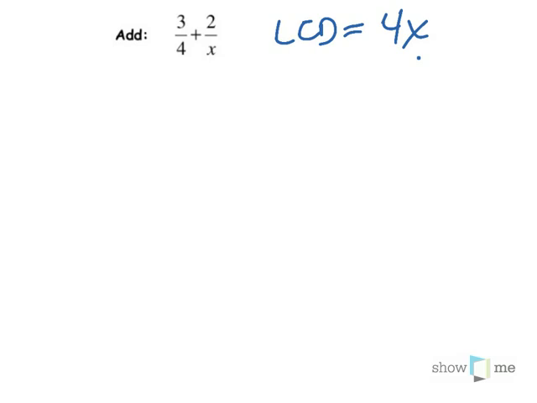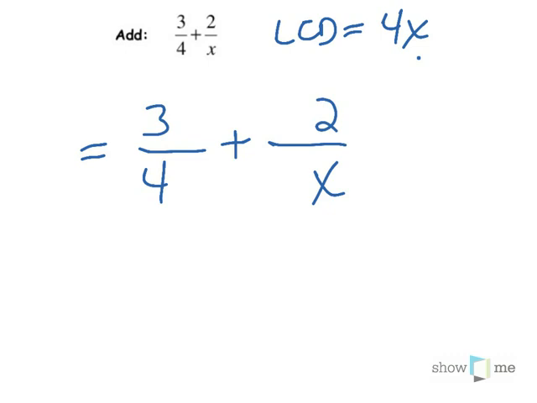Okay, so then I have to build up these fractions to get a 4x on the bottom, right? Remember that the first one just had a 4 on the bottom, and the second one only had an x on the bottom. So I have to ask myself, what is this first fraction missing to get the LCD, which is 4x? It's missing an x. I'm going to multiply that one by x, which means I also have to multiply the top by x.